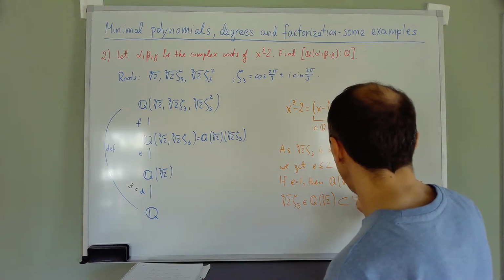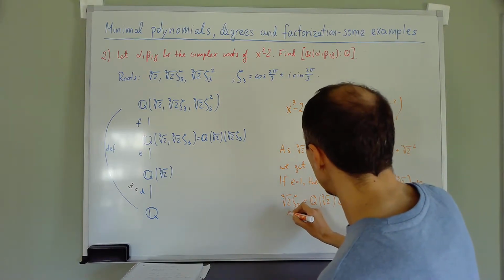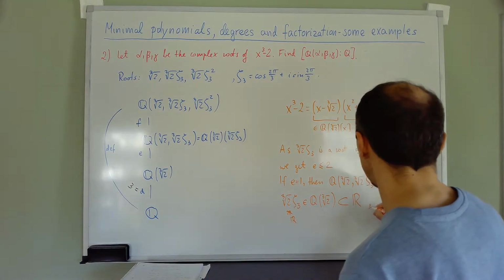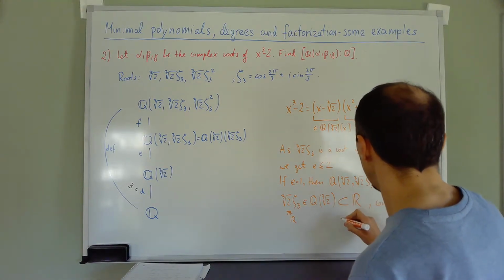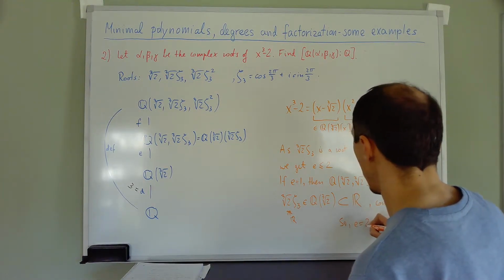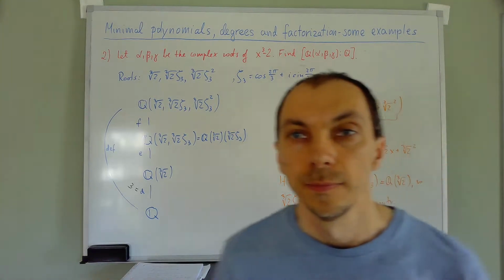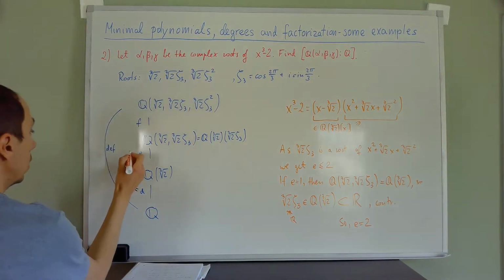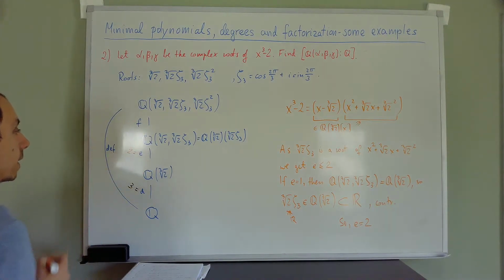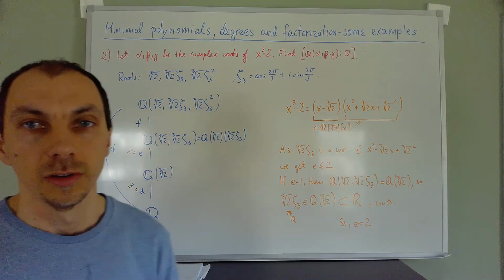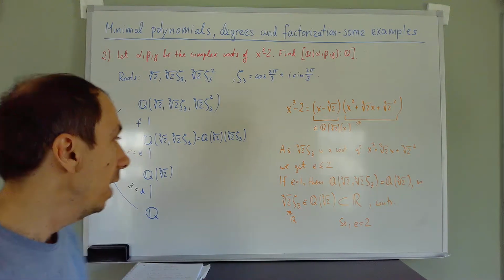But this field is completely contained inside the real numbers, and this isn't. So contradiction. So E is 2. Okay, this gives us the value of E. So the last thing is to determine the value of F.